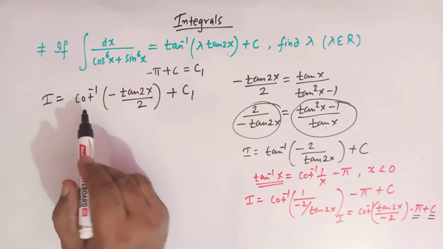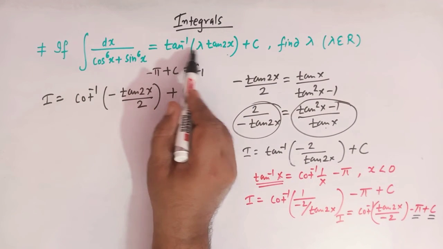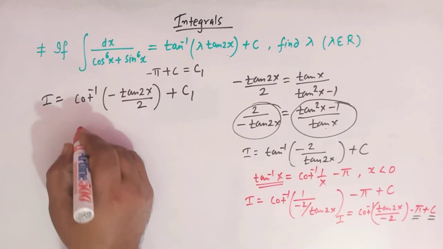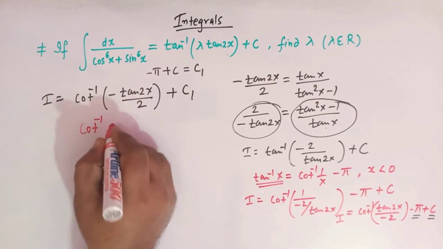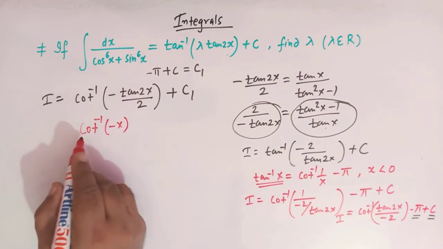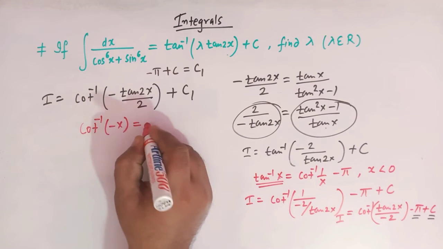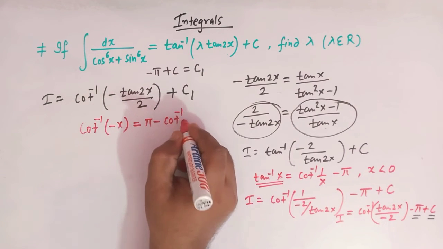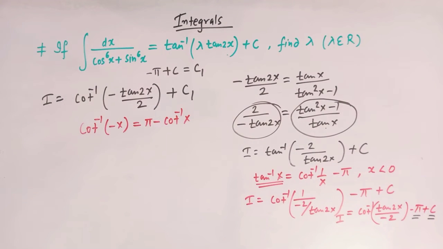Okay, now we have obtained this expression. Now this expression is still not similar to this one. So what we will do, we'll make use of one more important result from trigonometry, right? And the result is cot inverse of minus x can be written as pi minus cot inverse of x, right?